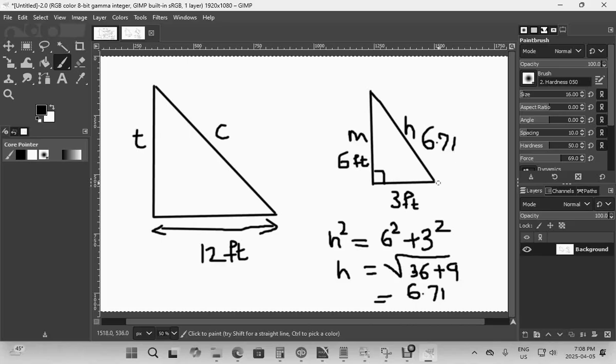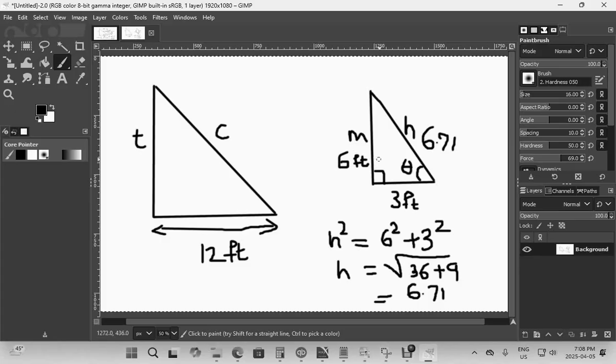Now what we can do is figure out this angle over here, which is your theta. We know that your hypotenuse is 6.71. We know that your height is 6 feet. We know that this width over here is 3 feet. So we can use either sine or tangent.